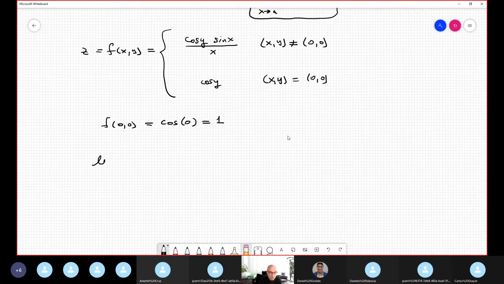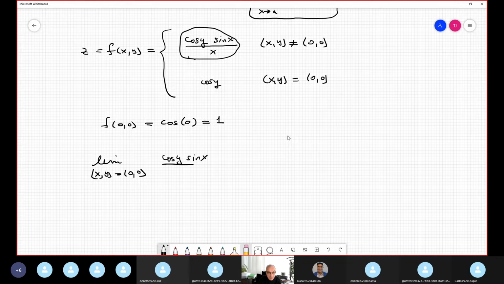Now the limit when x, y approaches 0, 0 of this expression. I take this expression because remember the limit is not exactly at the point. It's close to the point in any direction, but it's close to the point. So it's cosine y sine x divided by x. Okay, I try to do my best in this limit. Why not use the property of limits?